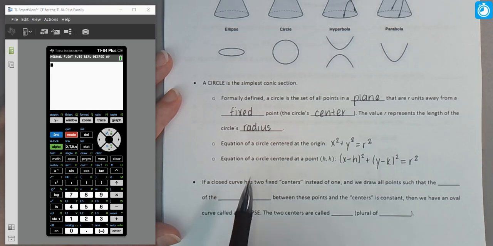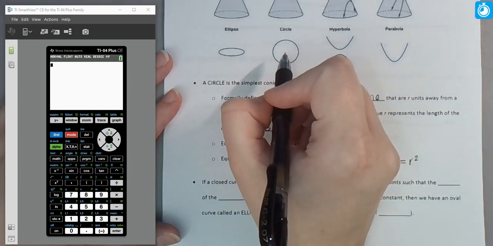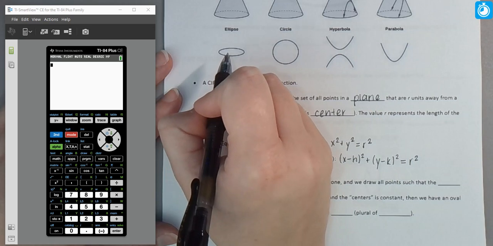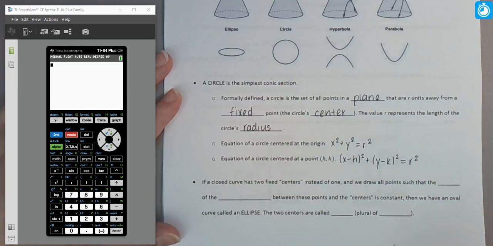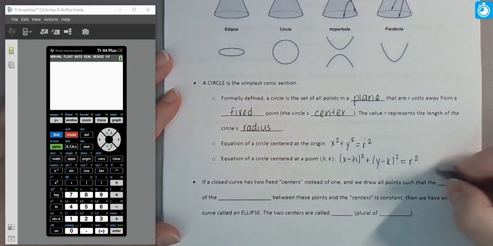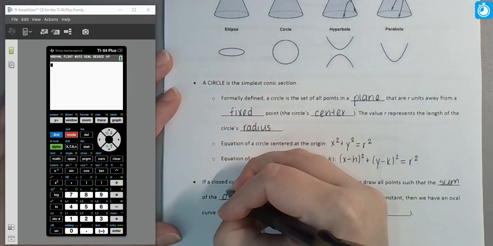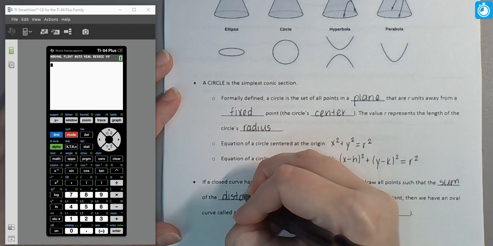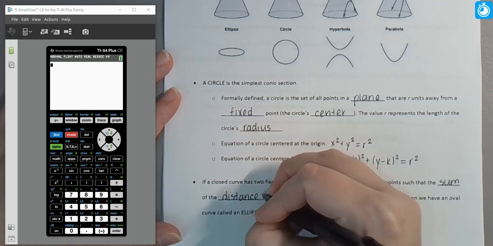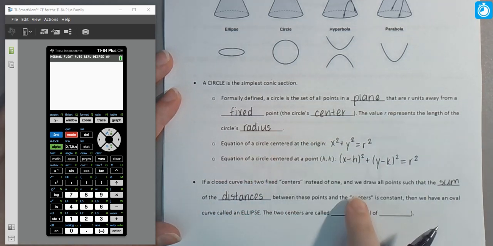Now, if we take a closed curve similar to a circle, but give it two fixed centers instead of one. In other words, instead of a true central point, imagine two central points. And then we draw all the points such that the sum of the distances between the points we draw and the two centers, those fixed points, is a constant value.